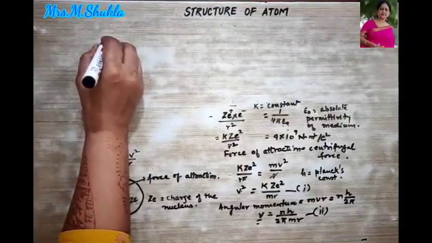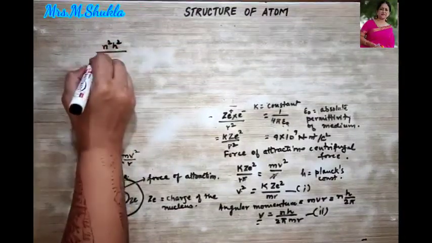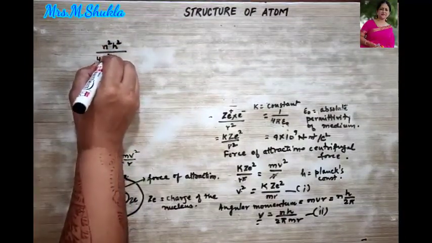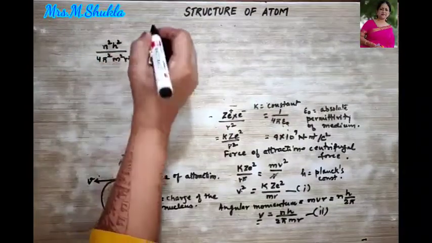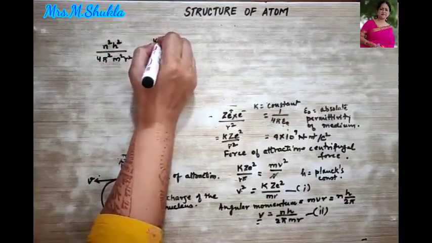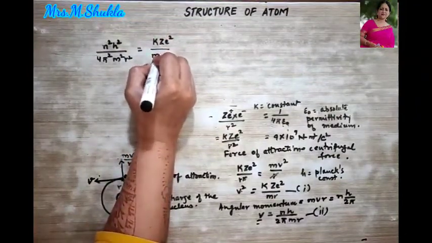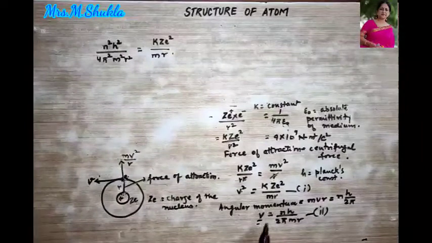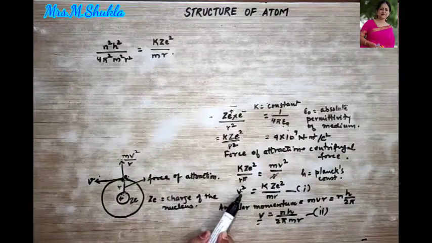So n square h square upon 4 pi square m square r square is equal to kZe square upon mr. Is this clear to all of you? What did I put over here?